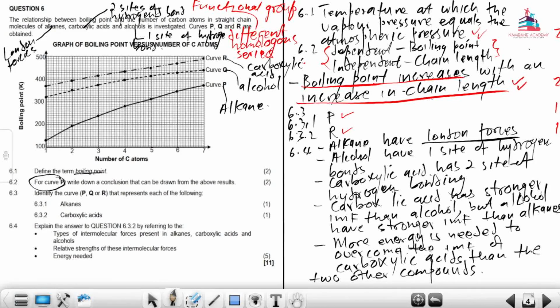Because what did we do? We compared the type of intermolecular forces found in alkanes. Also, we identified the ones found in alcohol, the one found in carboxylic acid. We compared the strength of intermolecular forces, then it's another mark, and then we did say something about the energy.